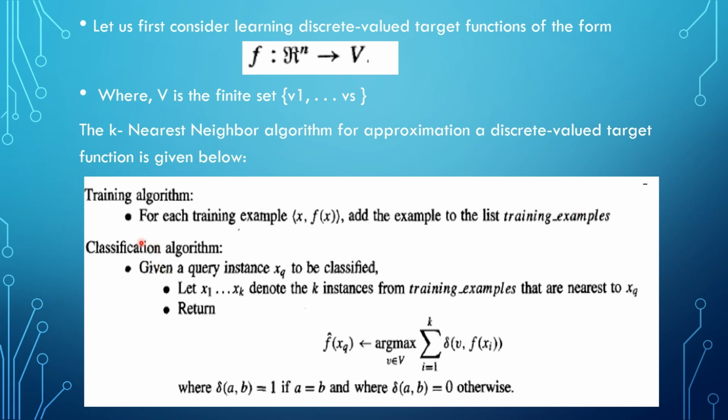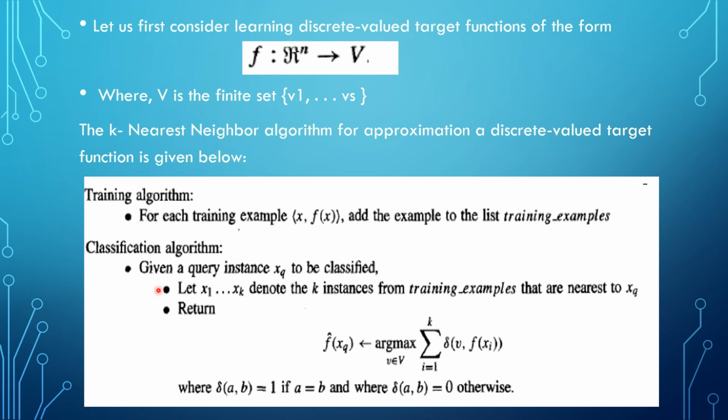In this we have two algorithms. One is the training algorithm, where for each training example (x, f(x)), we add the example to the list of training examples. Training examples are a data set to which we are adding. And the second one is the classification algorithm.